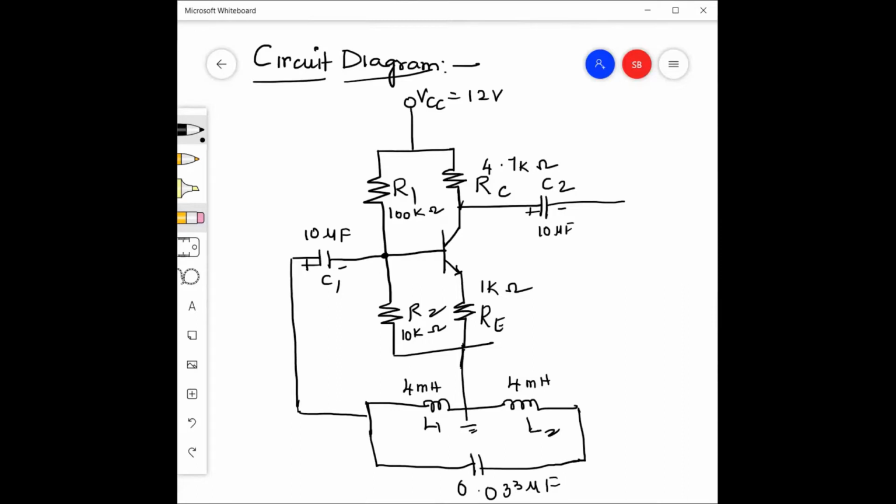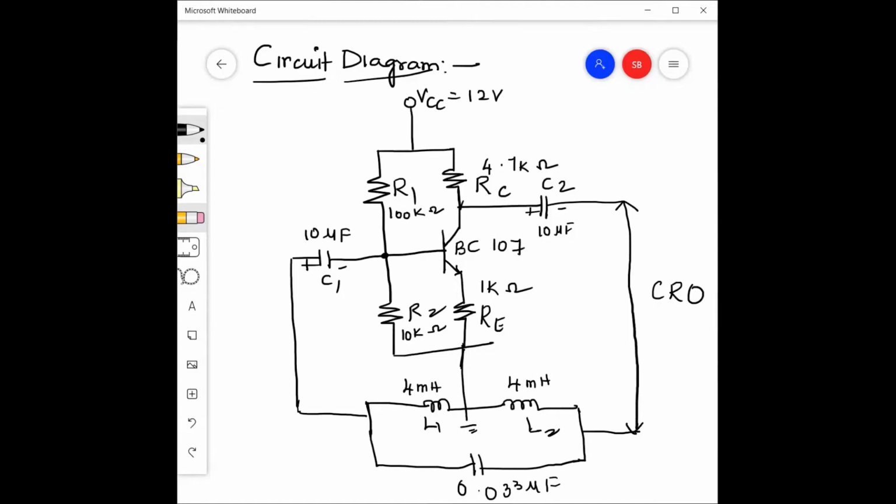The other end of the tuned circuit is connected here to connect the CRO to check the output. So this is our circuit diagram of the Hartley oscillator. This is your BC107.